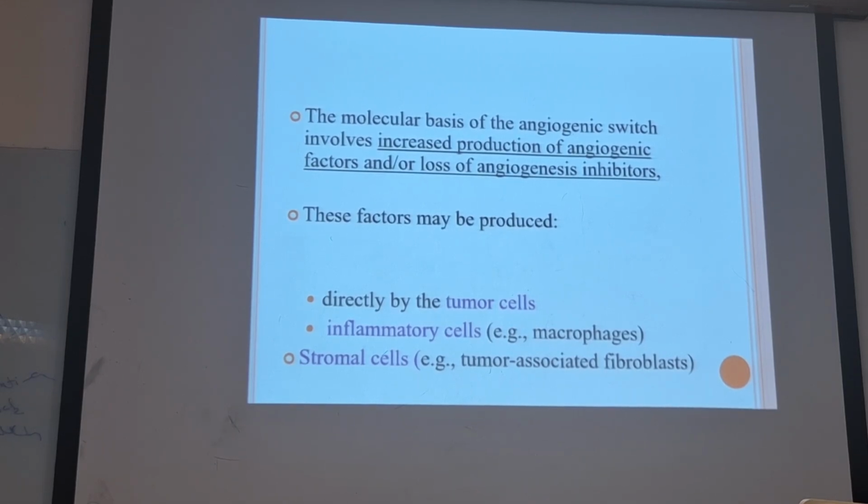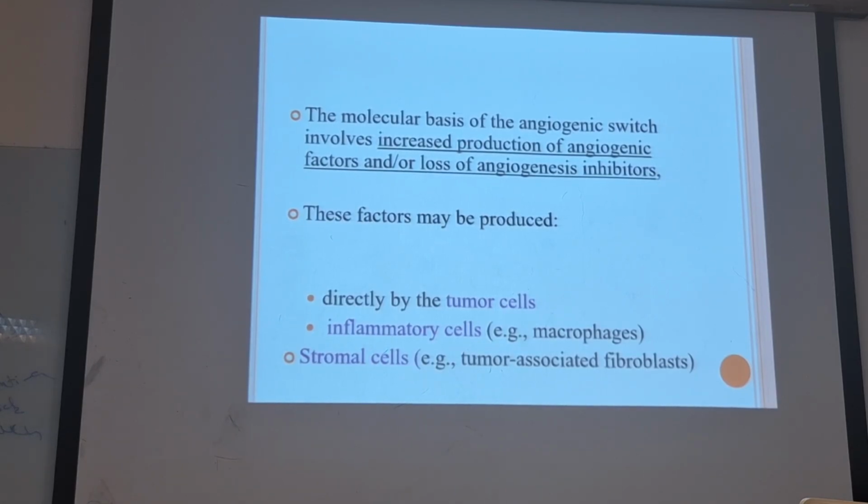The molecular basis of the angiogenic switch involves increased production of angiogenic factors and, on the other hand, loss of angiogenesis inhibitors. As in proliferation, we have proto-oncogenes with activation, and tumor suppressor genes with inactivation. Here, we have activation of pro-angiogenic factors and inactivation of anti-angiogenic factors.